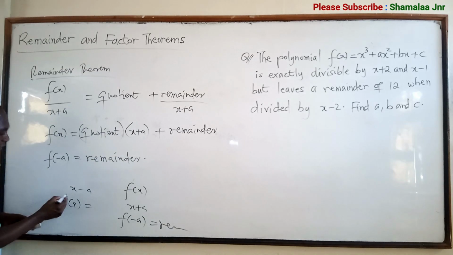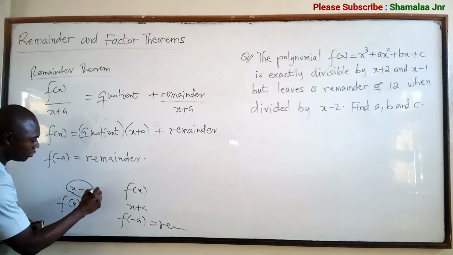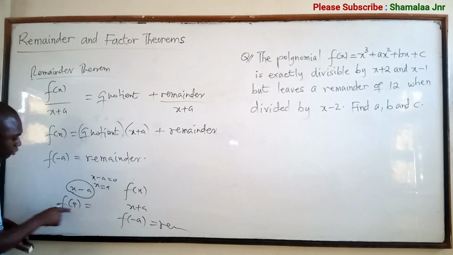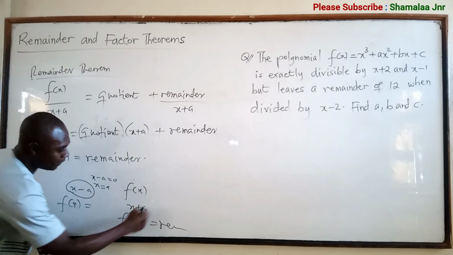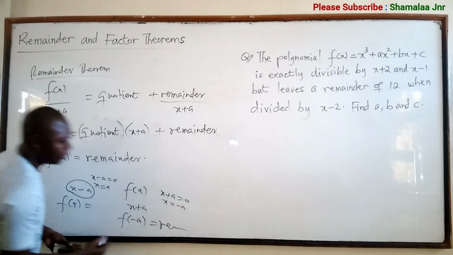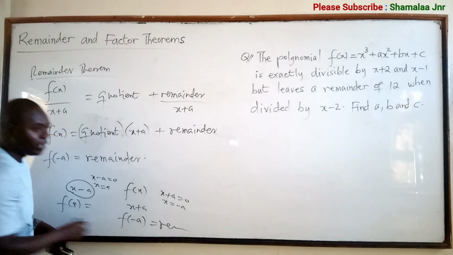If the divisor is x minus a, you just equate it to 0, so x is equal to a, and you put a in the function, so f of a. If the divisor is x plus a and you equate it to 0, x is equal to negative a, so I have to put negative a in the function. That will give you the remainder.